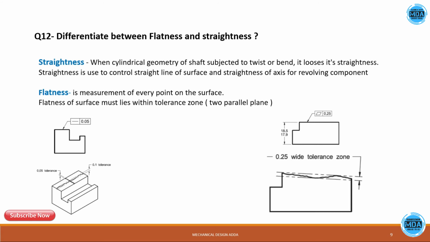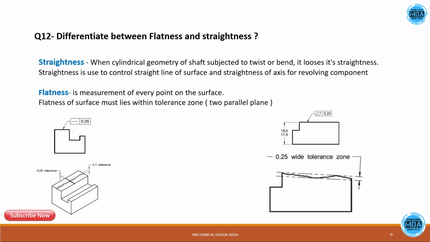If you apply straightness to a surface, it creates a two parallel line tolerance zone, and if we apply straightness to a diameter, it creates a cylindrical tolerance zone for the axis.